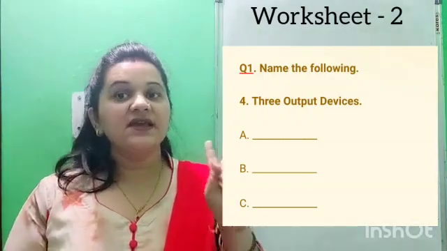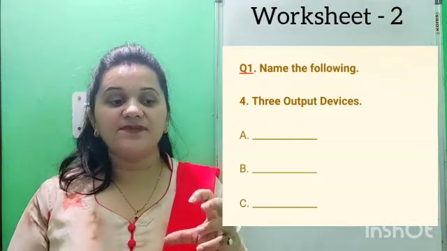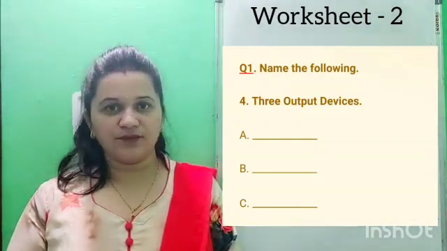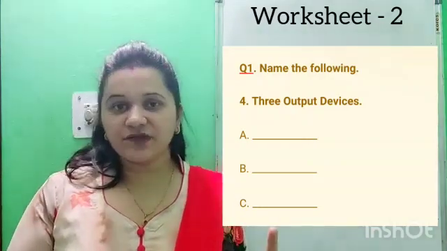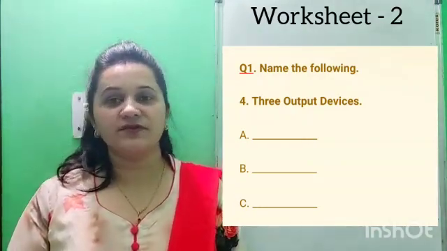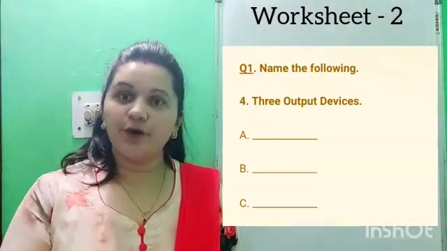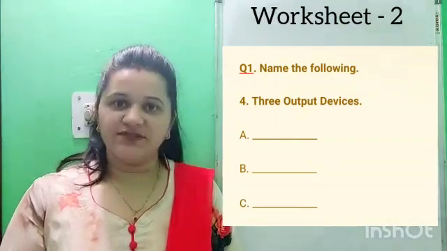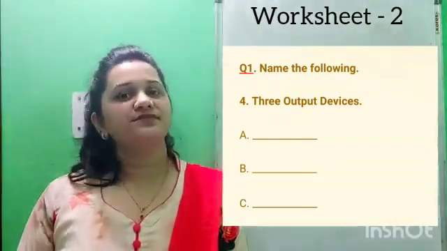Input devices are the parts of computer which help to enter the data into the computer. So you have to write down those parts in the input devices. And the parts of computer which help to show the result, which help to show the output, they are the output devices. So you have to write down the names of 3 output devices in question number 4.